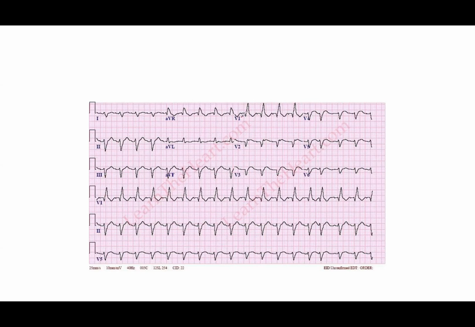But I'll tell you what will be there if it's a right bundle branch block. A positive wide deflection on V1, slurred S waves in lead 1, slurred S waves in V6. So that would be a right bundle branch block.